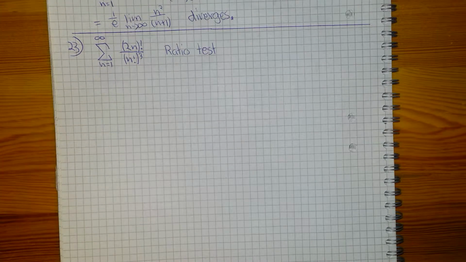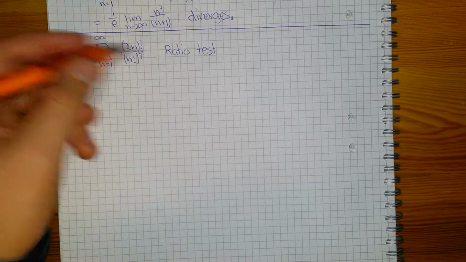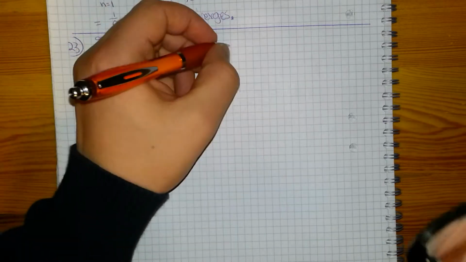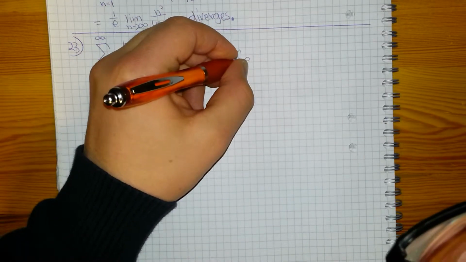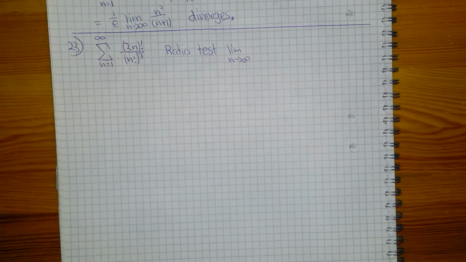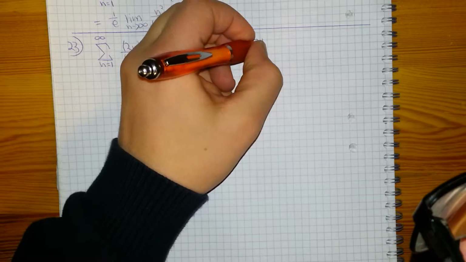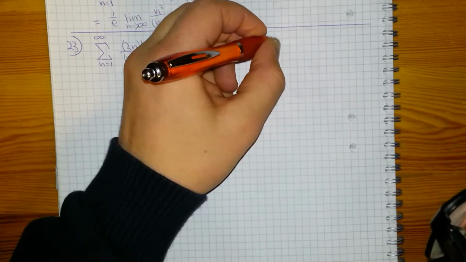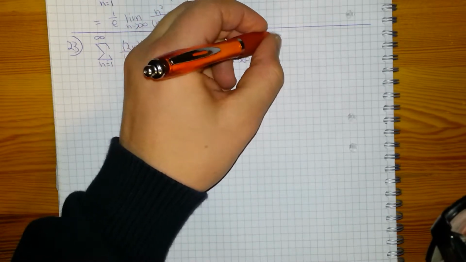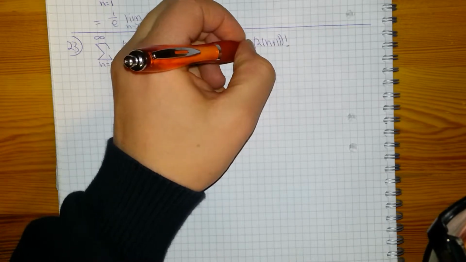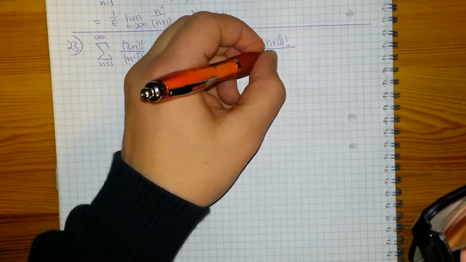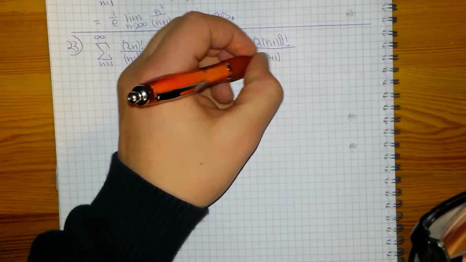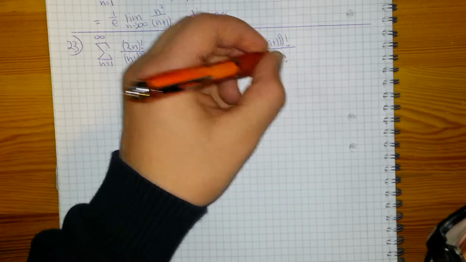The ratio test in this case will become the next term as n goes to infinity, which will be 2n plus 1, all this factorial, divided by n plus 1, all this factorial.